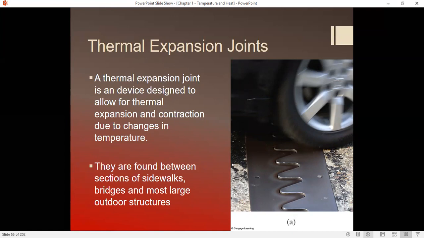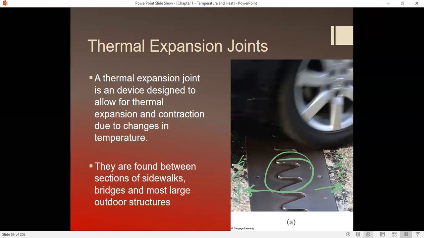Now, as you can see here, this is a concrete road surface, probably on a bridge someplace. You can see the concrete on the left and the right-hand side, okay? This between it is what's called an alligator joint. This allows the bridge to expand, okay? Actually, contract when it's cold.